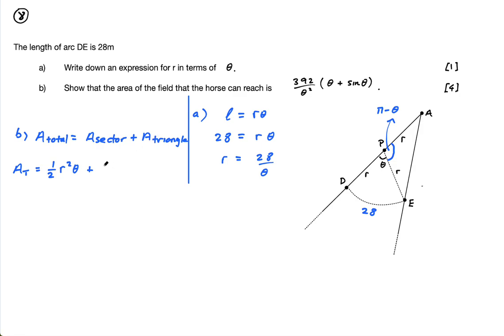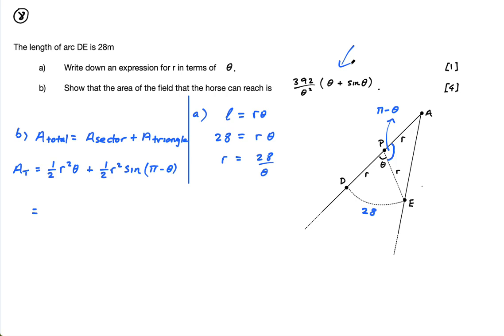So the area of the triangle is a half r squared sine of pi minus theta. It's this because the area of a triangle formula is a half a times b times sine of c. That is also in your formula booklet, as is the area of a sector formula. Now he wants the answer to look like this.